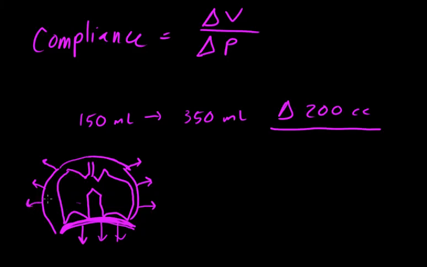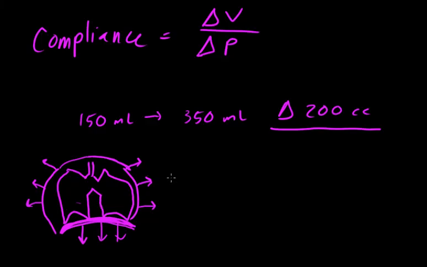And what we're doing is we're effectively creating a vacuum. So we're creating a negative pressure between the chest wall and the lung wall. So pleural pressure, so we have our intrapleural pressure, and what we're doing is we're creating a negative pressure, like a vacuum.